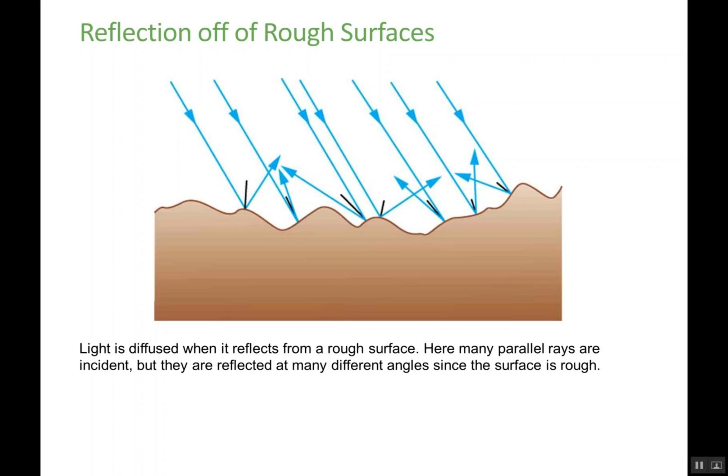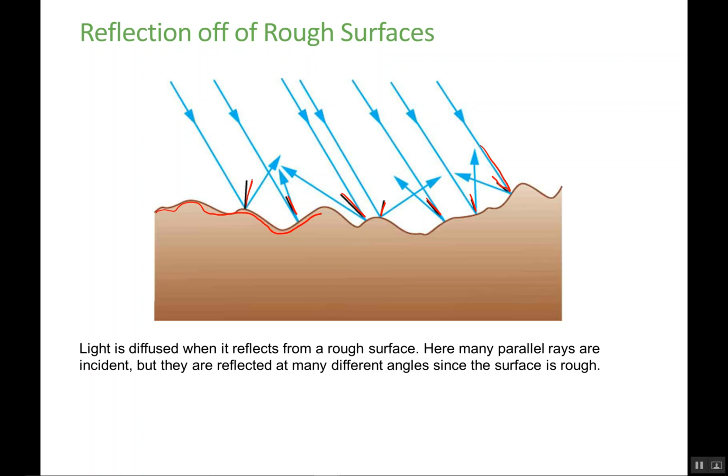Light reflects off of rough surfaces as well. And in situations like this, the law of reflection is still obeyed. But now, in this picture where you see this rough surface and these parallel rays of light which are striking the surface, it's just that everywhere where these rays strike, the surface has a differently oriented normal line represented by these black lines.